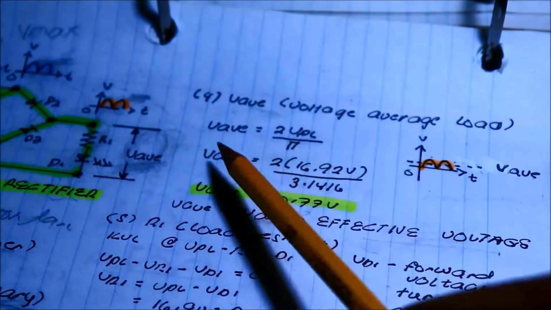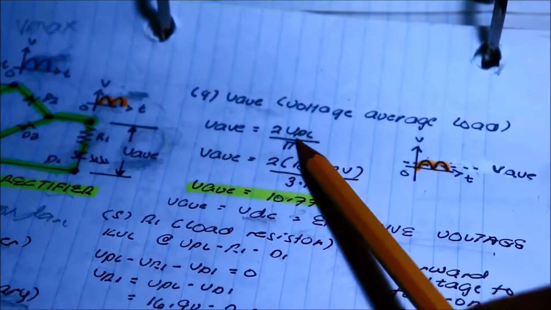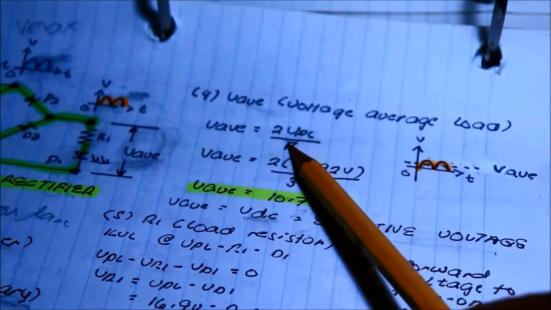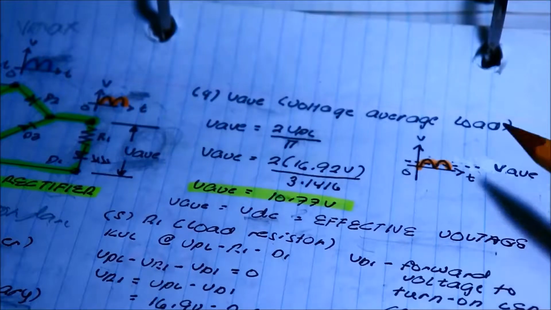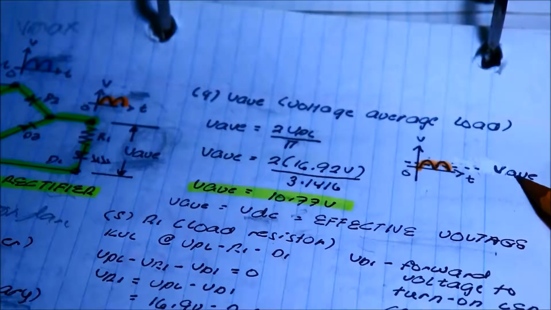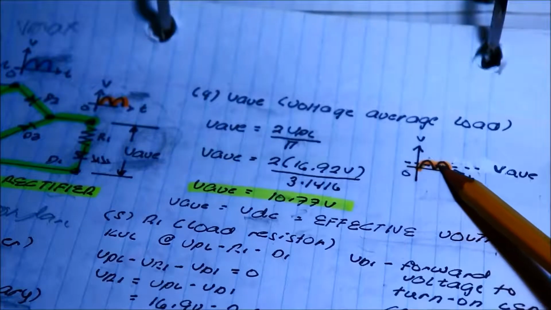There is a formula for that. Voltage average is equal to 2 times the voltage peak of the load divided by pi. What is the location of the voltage average? It's located near the peak, somewhere here.